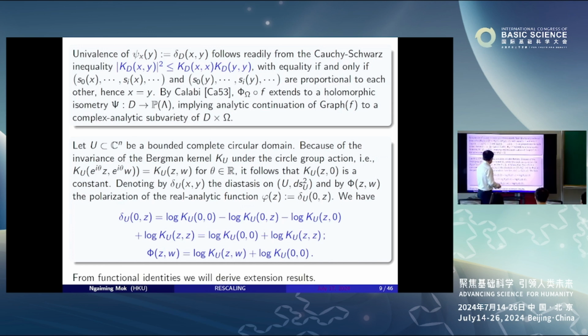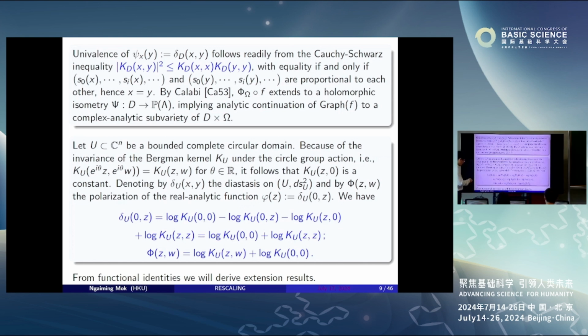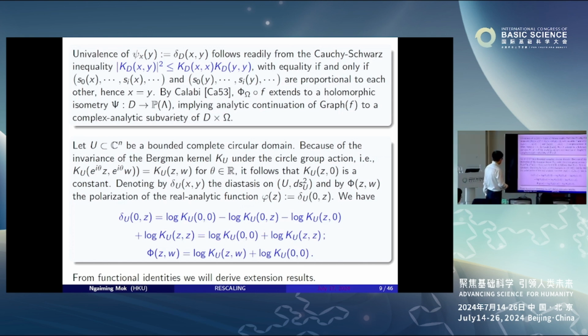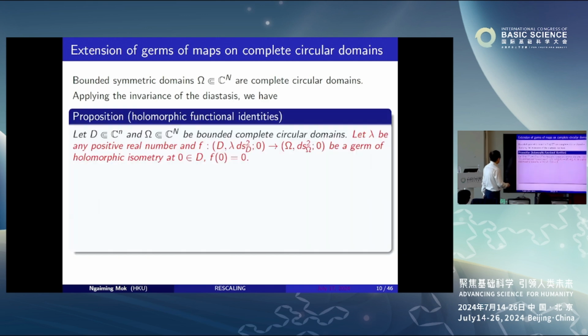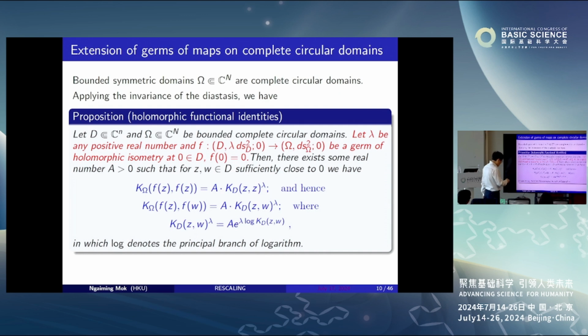So these are the diastasis, or polarization of diastasis, written as capital Phi(z,w). Okay, so here is how you take a circular domain and you write down the equation on the diastasis. So these are the equations. It's important that there's a scaling constant lambda, and this lambda may be a real number.